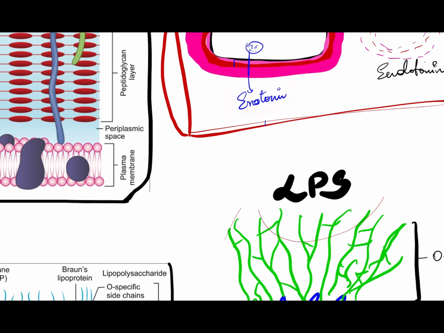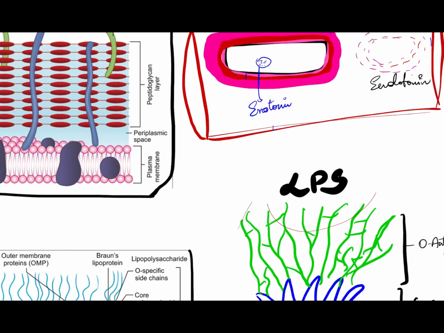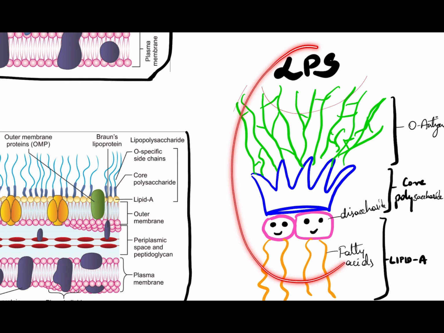There are different types of exotoxins. For example, there is diphtheria toxin released by Corynebacterium diphtheriae. It is an exotoxin, and there is also tetanus toxin released by Clostridium tetani. So there are different types of exotoxins released, but when you come to endotoxin, it is the same old LPS, that is the lipopolysaccharide, which is endotoxin present in all gram-negative bacteria.